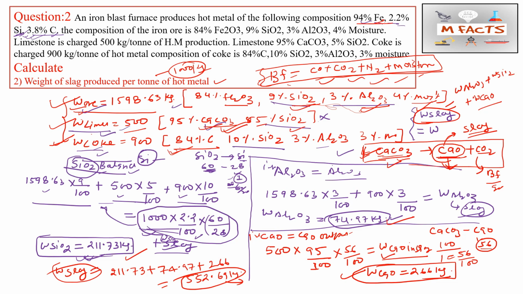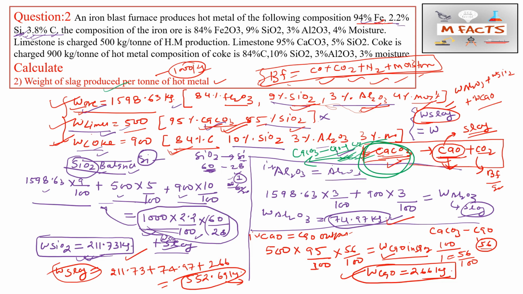And we need to remember how we take this CaCO3. We will not directly take this CaCO3. This CaCO3 breaks into CaO and CO2. We need to remember this point, because most people make silly mistakes in this part only. This is an easy question, but we make silly mistakes in this type of question also.